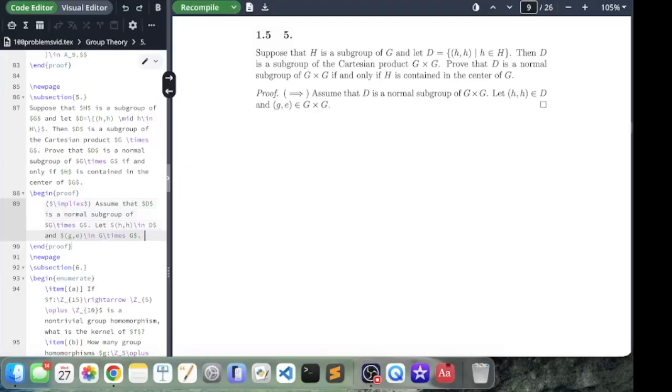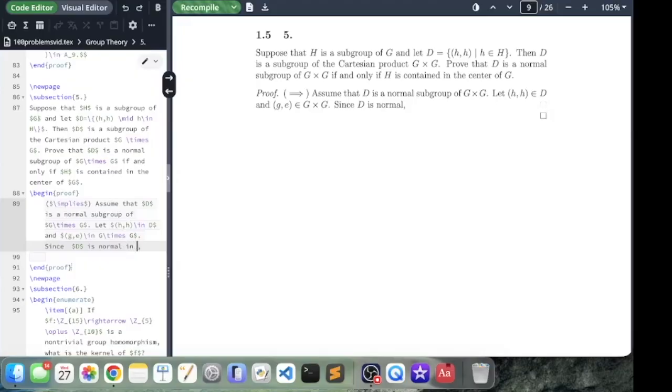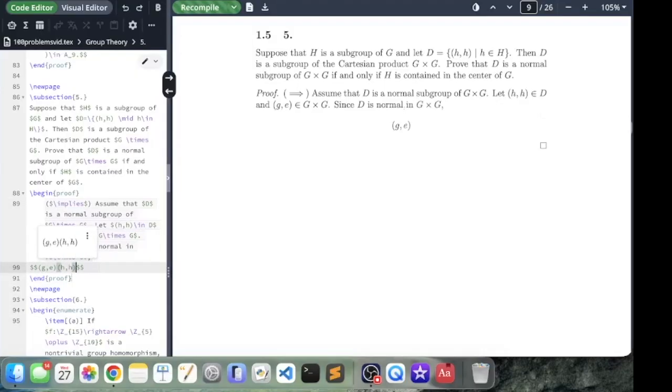We have that D is normal in G cross G, so we have that this guy times (h, h) times that guy, the inverse, is in D. The operation that's going on here is all component-wise, and that inverse just goes to the inside.